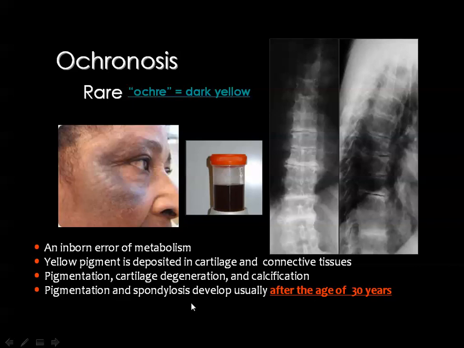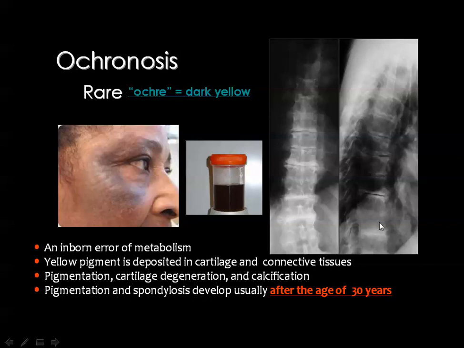Then if this pigment has deposited in the articular disc, for example, which is made almost totally of cartilage, then you get advanced degenerative changes of the spine, which are seen at a relatively younger age than the usual age-related degenerative diseases of the spine, or spondylosis.